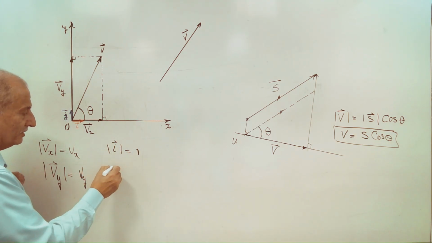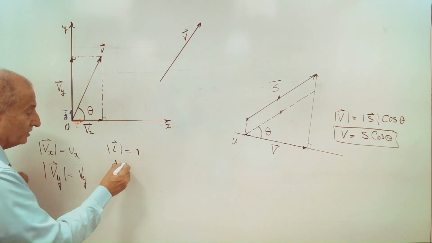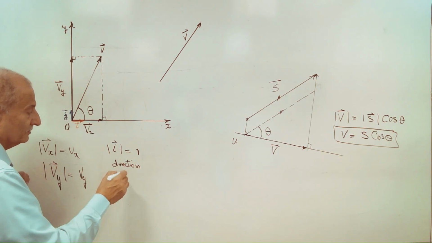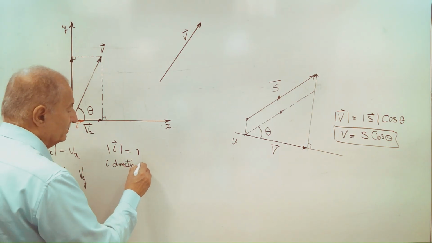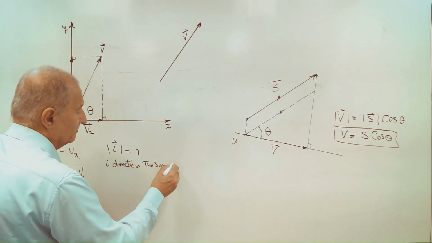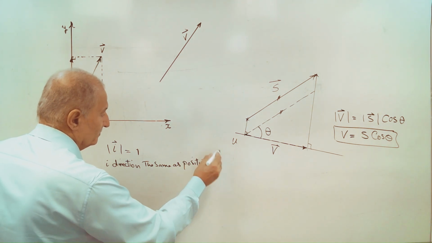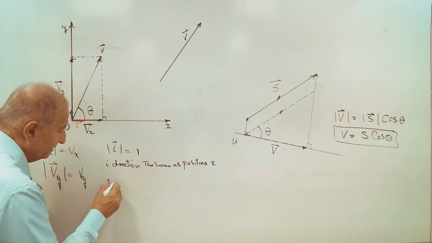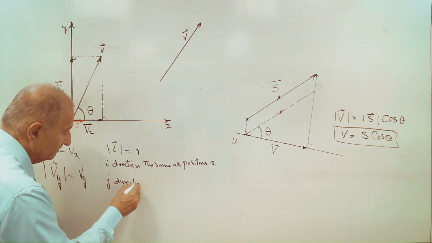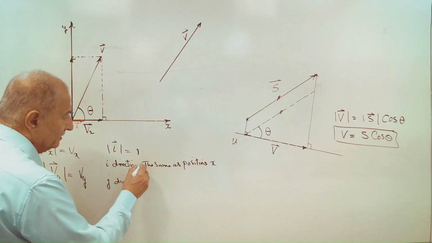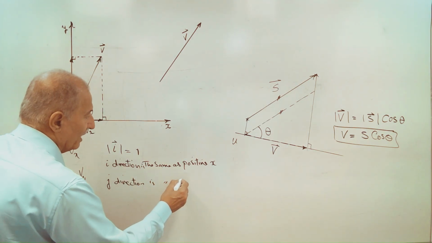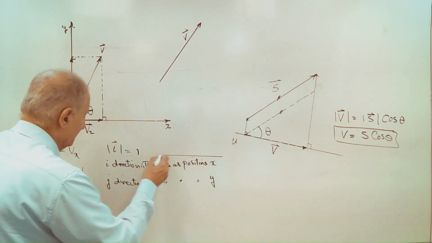The i direction is the same as positive x. The j direction is the same as positive y.